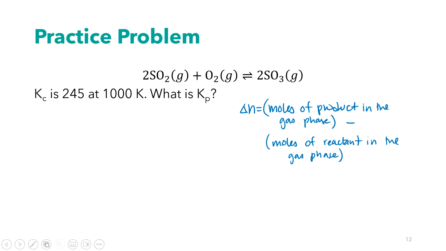All right? The next question you're probably asking yourself is, what R should I be using? We wrote that Kp equals Kc times RT to the delta N. On your equation sheet, you have two different R's. One of them is the 8.314, that's joules per mole Kelvin. The other one is 0.0821 atmosphere liter per mole Kelvin.